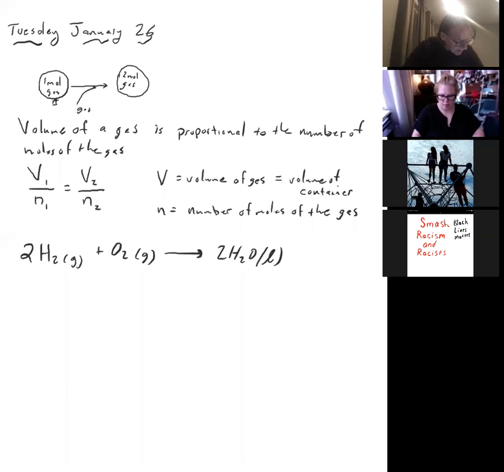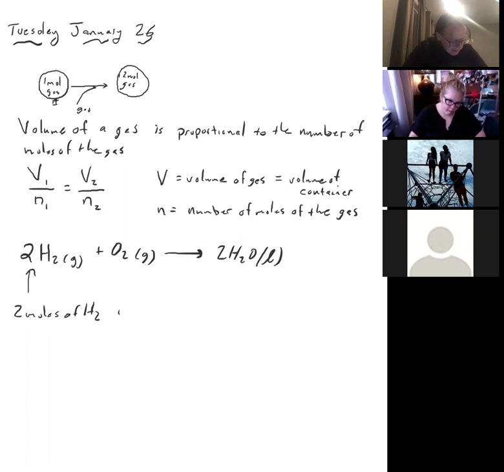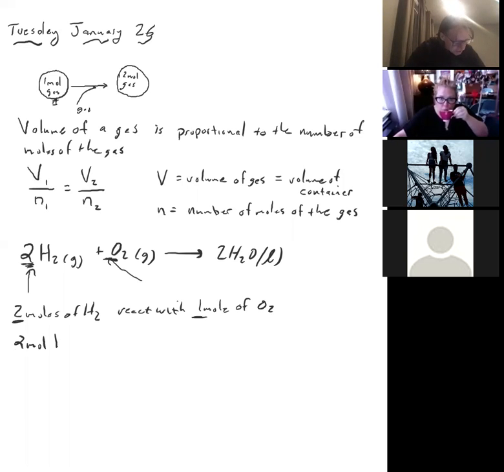We can say that 2 moles of H2 react with 1 mole of O2. So we're using the coefficients as ratios to indicate how much of one substance will react with another. So we could write this as 2 moles of H2 for every 1 mole of O2.